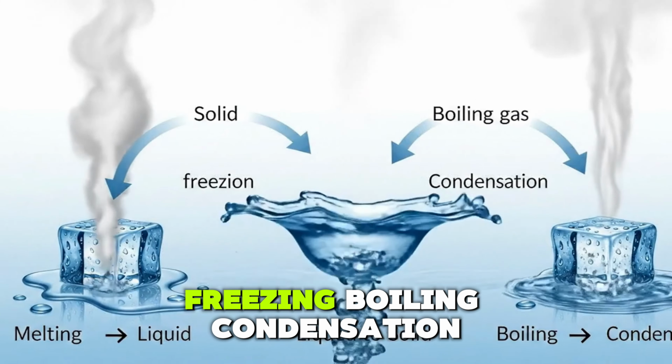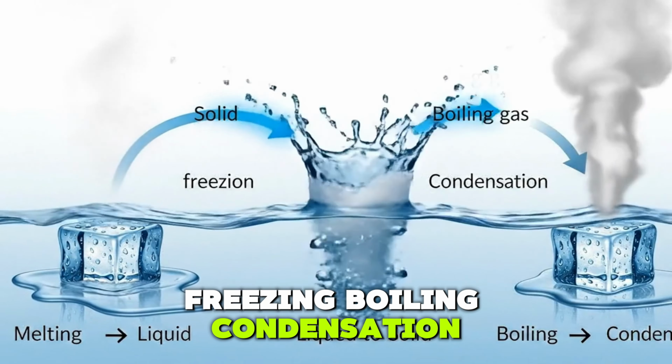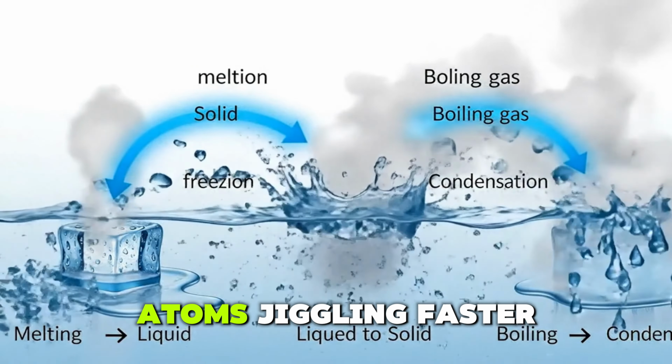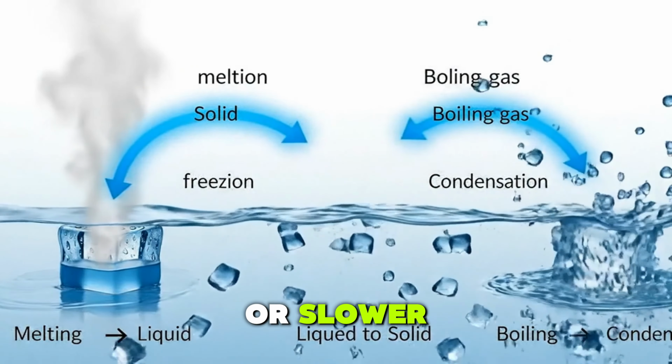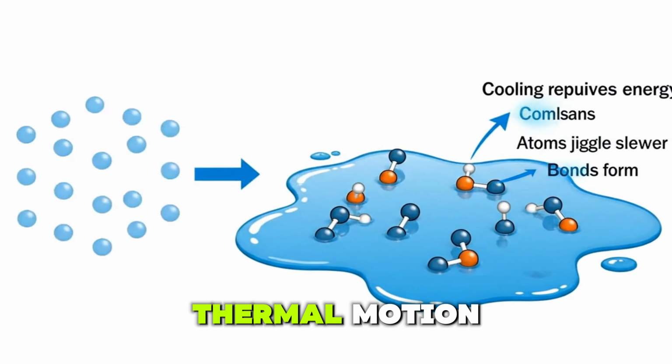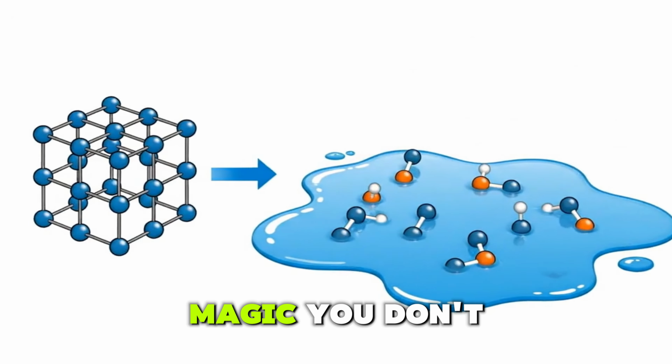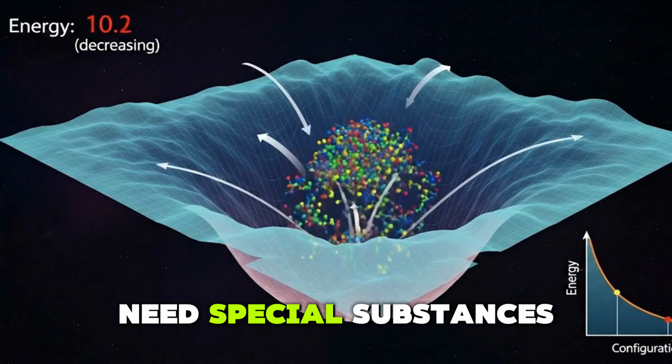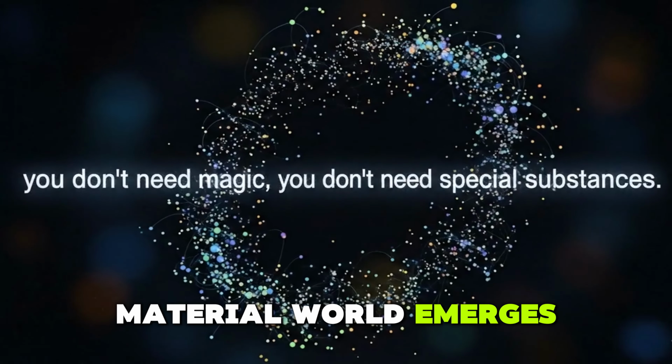Melting, freezing, boiling, condensation. It's all about atoms jiggling faster or slower, forming bonds or breaking them, finding the arrangement that minimizes energy given the available thermal motion. You don't need magic. You don't need special substances. You just need atoms following simple rules, and all the complexity of the material world emerges.